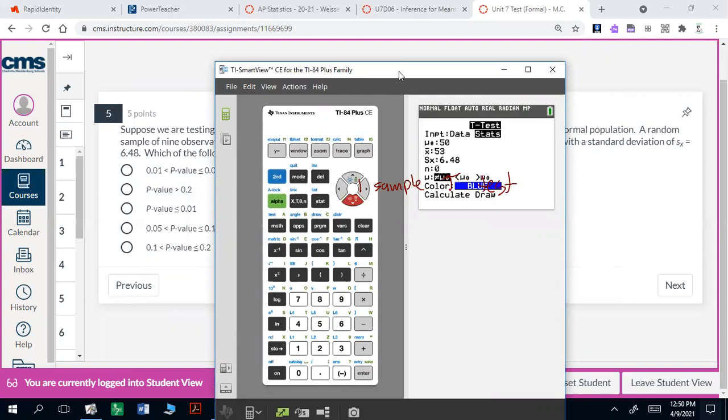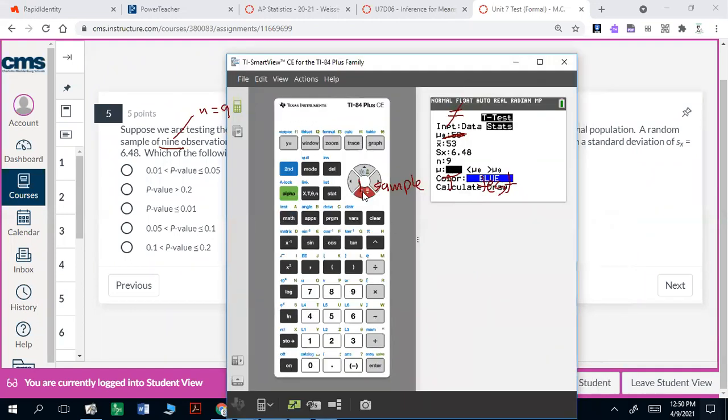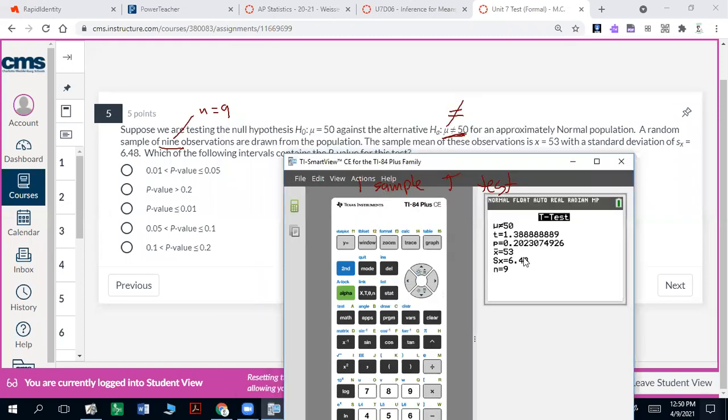And it said 9 observations, right? So that's going to be your n. So we can put 9 right in there. And this is not equals. So literally just, we got to plug and chug all that information right in there to get our p-value. So not equals, calculate, let's see what you get. We get 0.202, which is above 0.2. So it's going to be this one here.